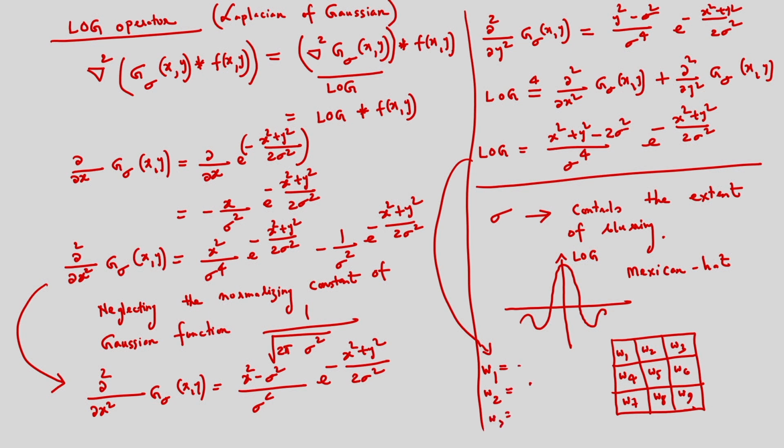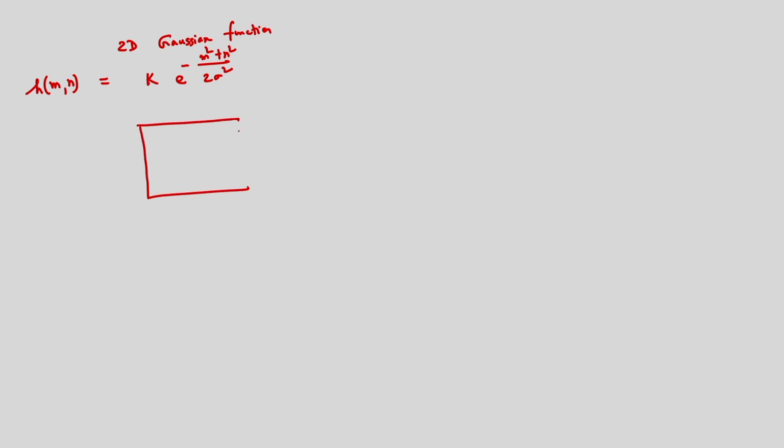Suppose the 2D Gaussian function is something like this: h(m,n) is k e to the power minus (m square plus n square) over sigma square. Corresponding to this Gaussian function, you can develop a mask. What is the mask corresponding to the Gaussian function?